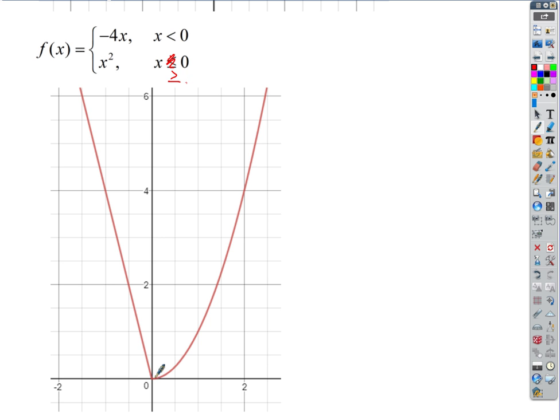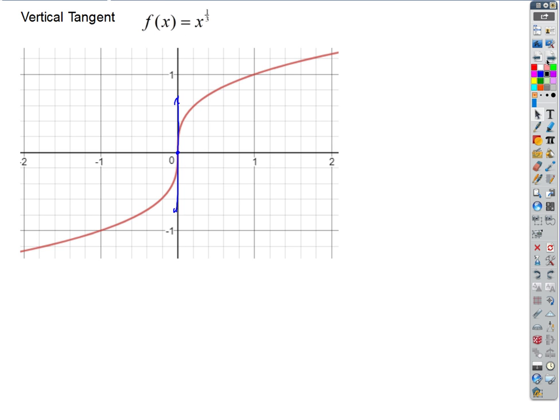Then when the ant steps on that point right there, he's going to transition from some large negative slope, negative 4, instantly to a slope of a tangent line that's horizontal, right? And you can't do that. You can't make an instantaneous transition like that. That's a sharp corner, right? So that would be no derivative there.